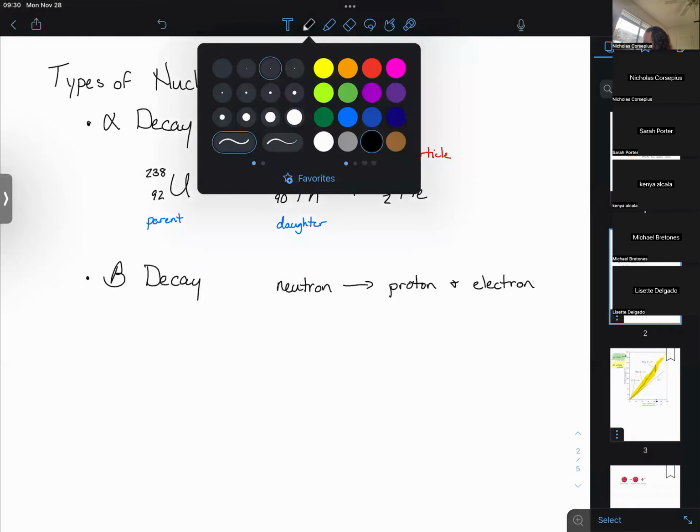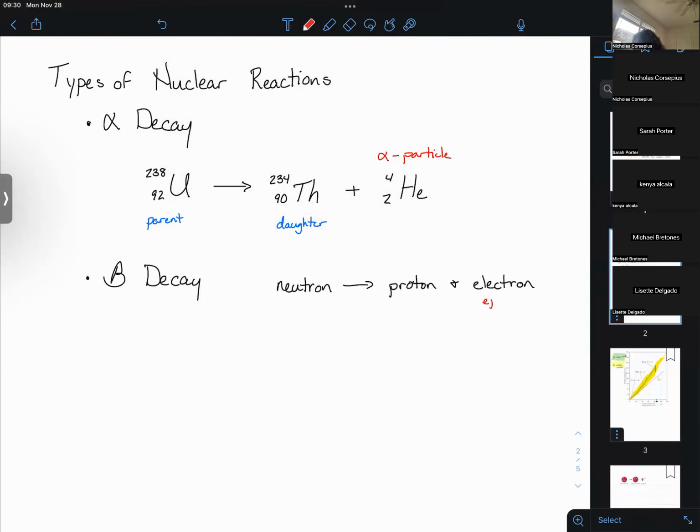That electron gets ejected, and that's what we call the beta particle. All right. So in a beta decay, you have this nucleus, right? One of the neutrons is not happy, and it's going to switch and become a proton and an electron, and that electron ends up getting lost.